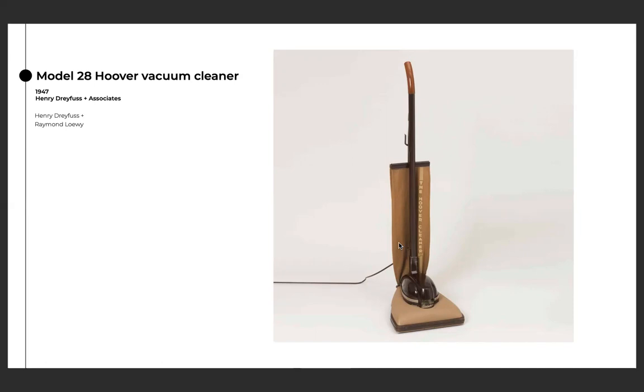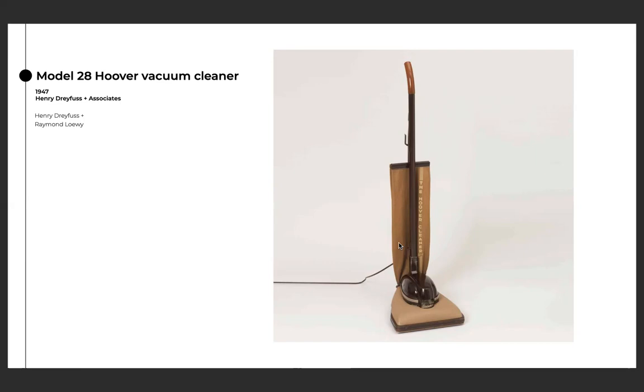So when you look at this vacuum, it looks pretty simple, and you may or may not have seen this in your family's houses or grandparents' houses. But think about the ergonomics of this. Think about how tall the handle is in relation to a person's body.